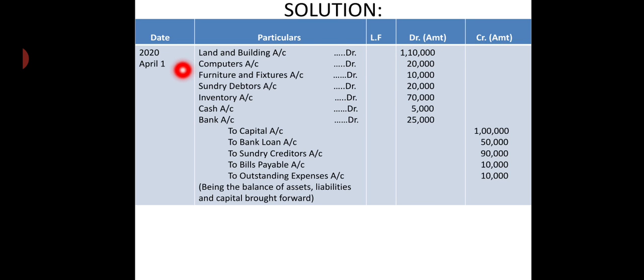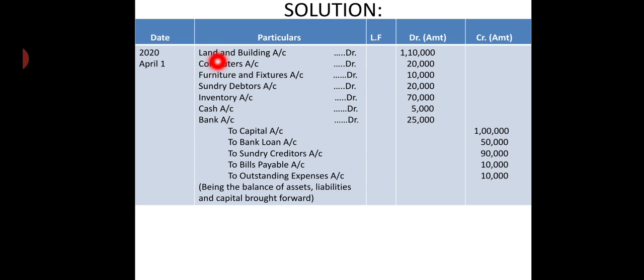Write down the date of opening entry, 2020 April 1. So you have closed the book on 31st March 2020. Now you are again opening the book for the new accounting period, that is 2020 April 1.